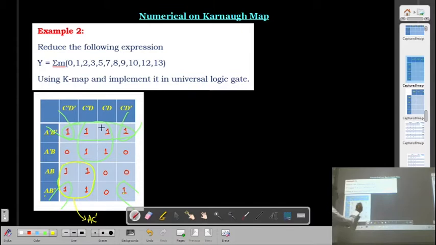Then if you look at this another quad, I am marking this one with yellow. Here A dash is going to remain as it is, and then if you move in this direction, D is not changing. So A dash D will be there.